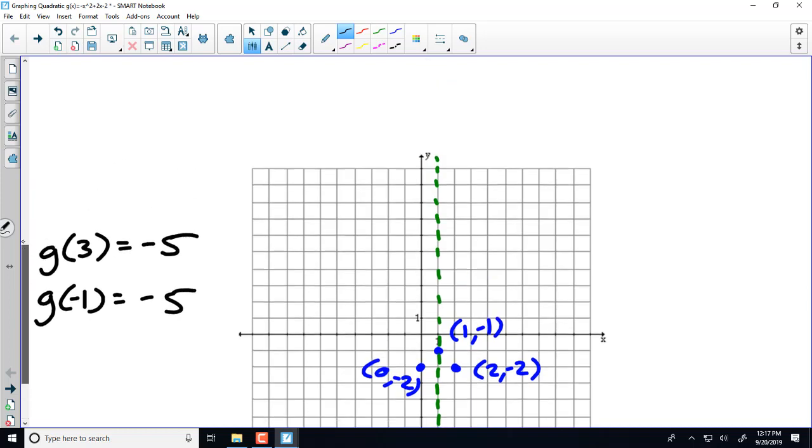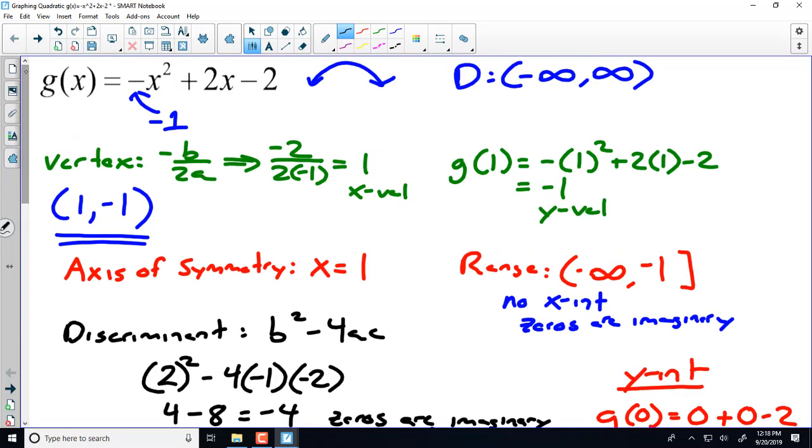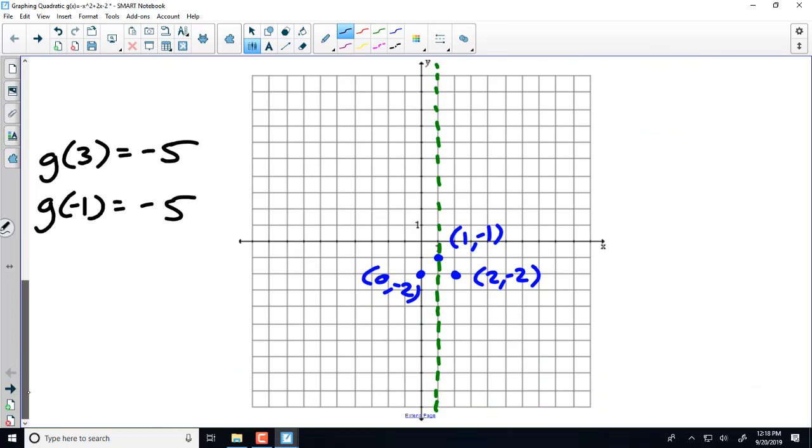So everyone, you got to plug the 3 and the -1 into this original equation up here, and then you should be able to get those two -5s. All right, that's going to help a little bit because we get 2 extra ordered pairs here. 1, 2, 3, 4, 5. So we get another point right there. We get another point right there. That will help me draw a slightly better graph.